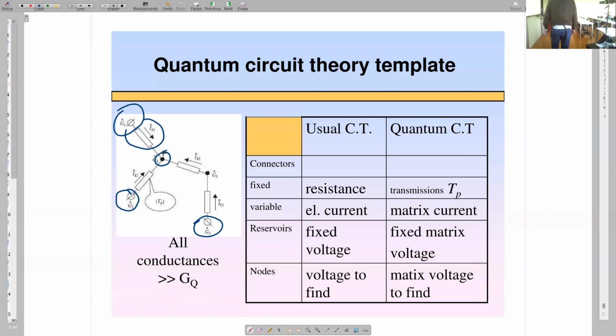If you think of a node in usual circuit theory, it's just a point where things are connected, and it's just characterized by voltage. Formally, the same is here. It is a part of nanostructure which can be characterized by a matrix voltage.